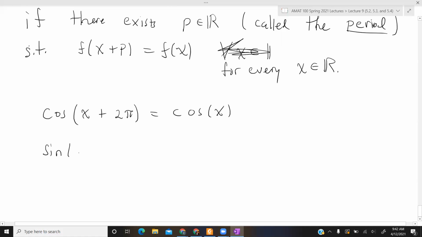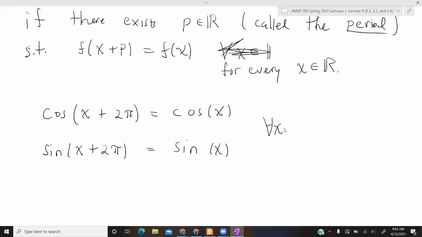And what that meant for us is that when we want to plot the sine and the cosine function, all we need to do is look at its plot over an interval of length 2 pi. So we graphed sine and cosine over the interval 0 to 2 pi. These equations hold for every real number x.